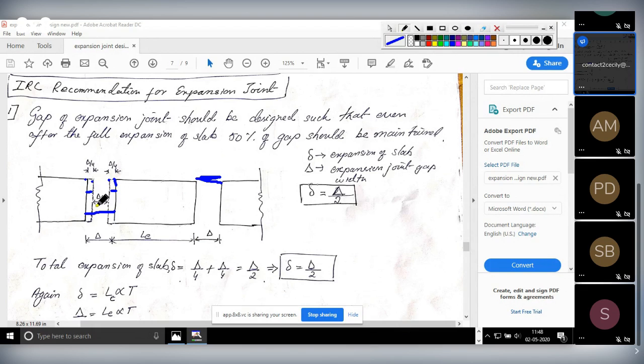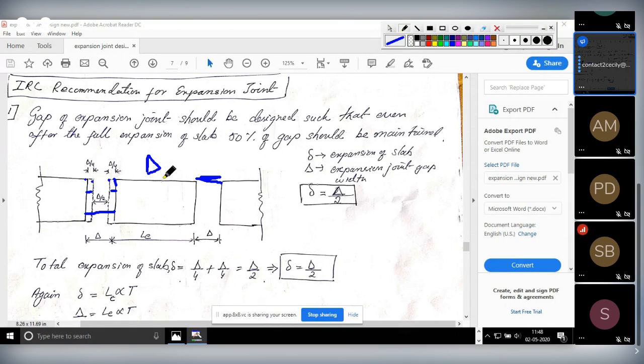Clear? So what will be the total expansion from this side and this side? Before expansion, the gap was delta. After expansion, the gap will remain delta by 2. So how much expansion is allowed? Delta is the original gap, the initial gap.